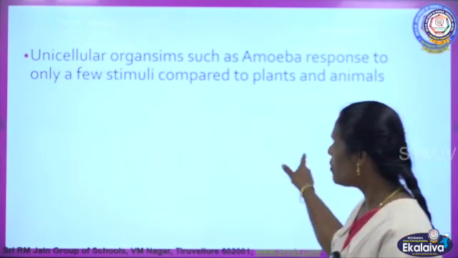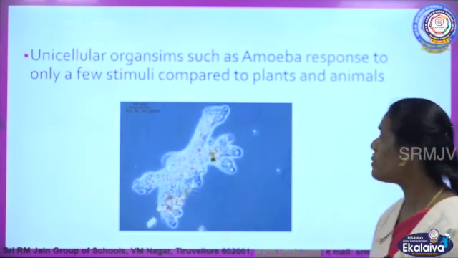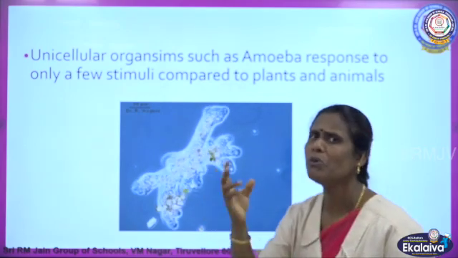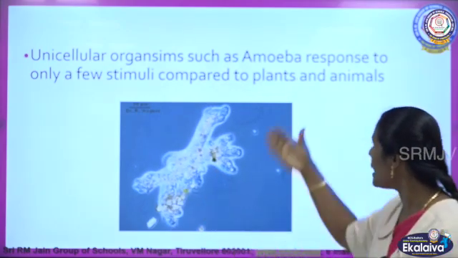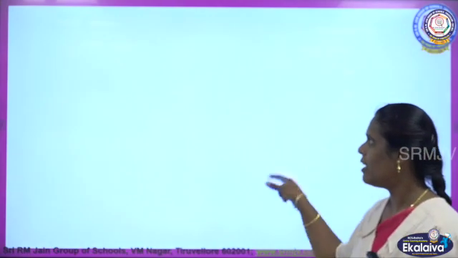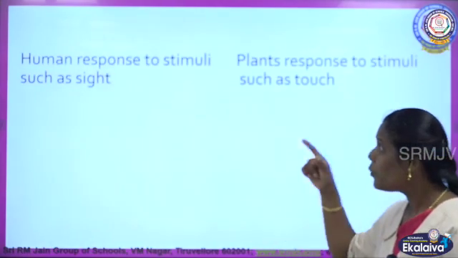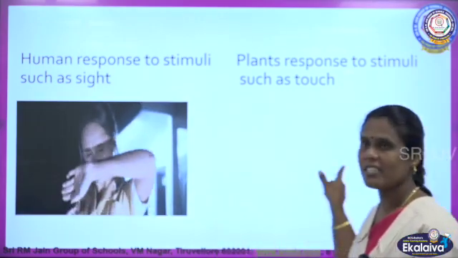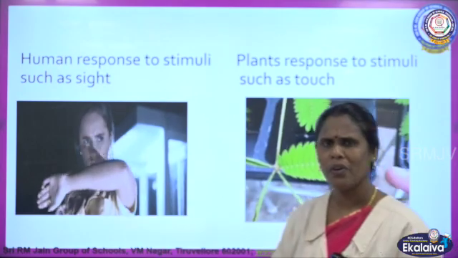Now, some unicellular organisms such as amoeba respond to only a few stimuli compared to plants and animals. See, humans respond to stimuli such as sight. How?